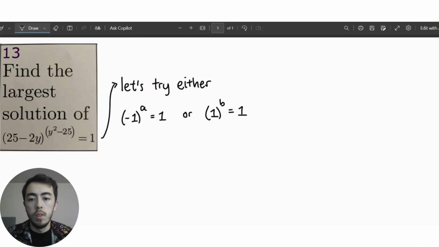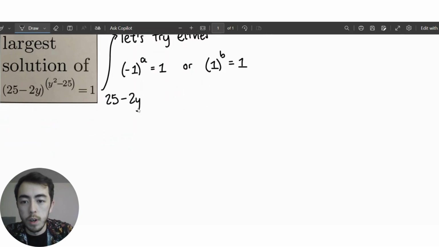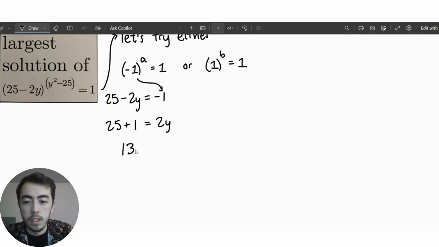exponent. Well, in the case that the base is -1, I know that 25 minus 2y has to be -1. And let's see, I'll add the 2y and I'll add the 1. So I'll get 25 plus 1 equals 2y. And 26 divided by 2, this tells me that 13 is a possible value for y.